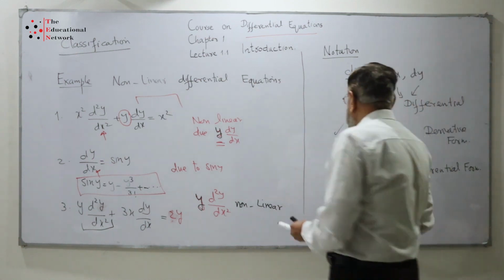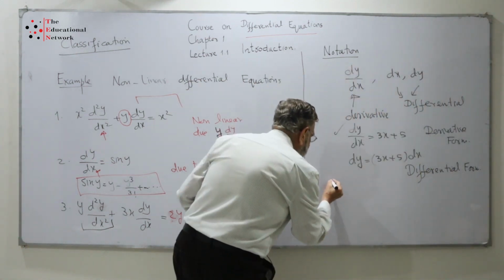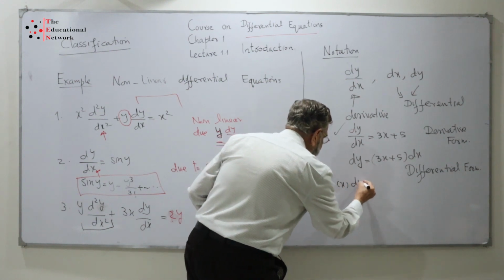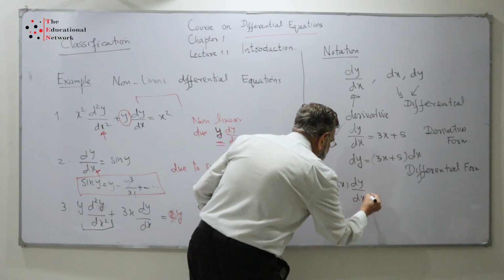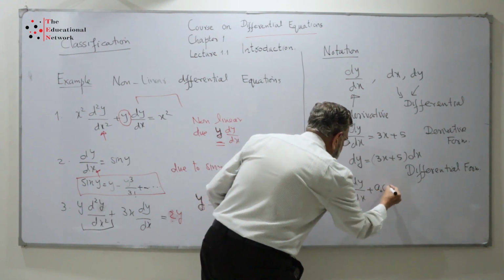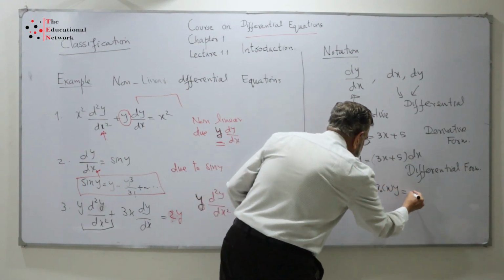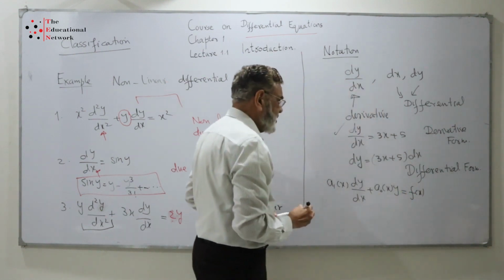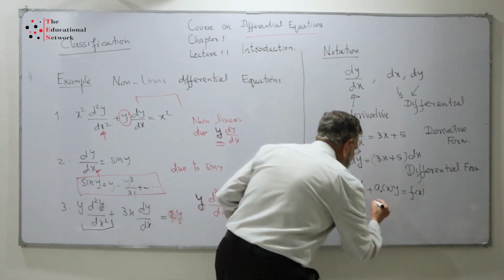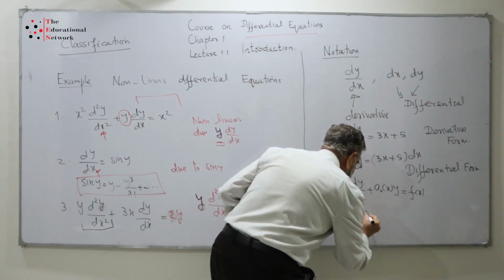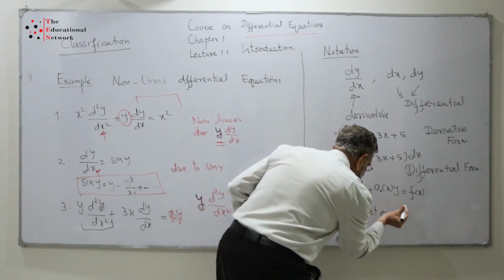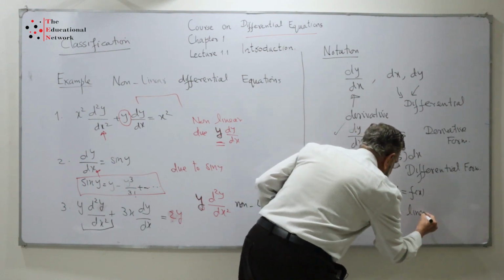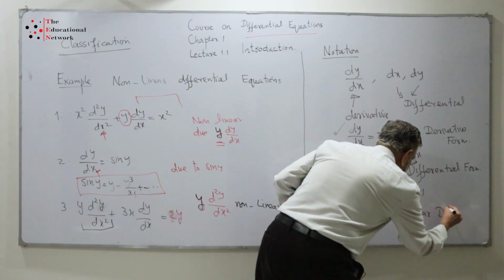This equation we can write in a very general form. We say we have a1(x) dy by dx plus a0(x) y is equal to any function of x, a non-homogeneous equation. So it's my general form, and we say it's a first order linear differential equation.